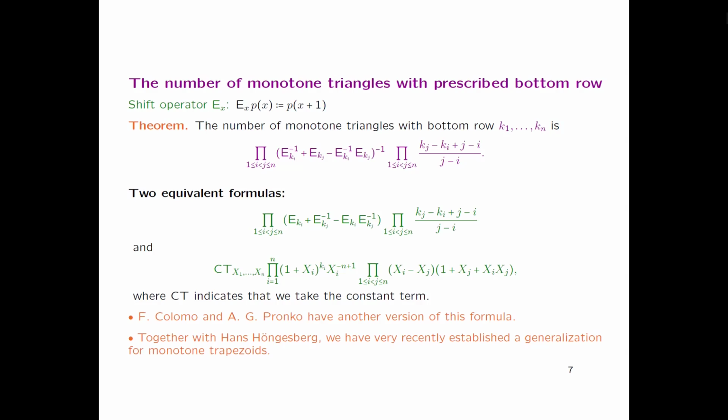So it could be that we need to take Gelfand-Tsetlin trapezoids and apply the same operator in order to guarantee row strictness. That's almost true. It's not really true. So one has to apply an additional operator, which we call the hidden operator because the operator was missing in the case of the monotone triangles. But it's almost true.